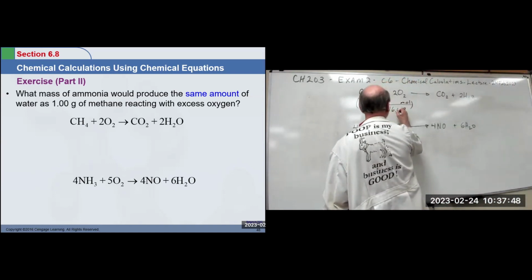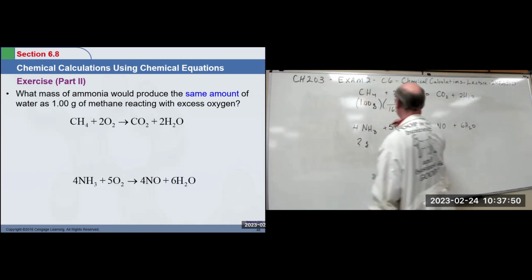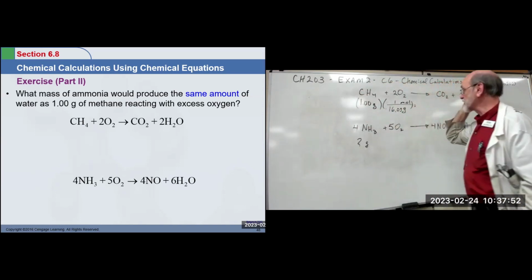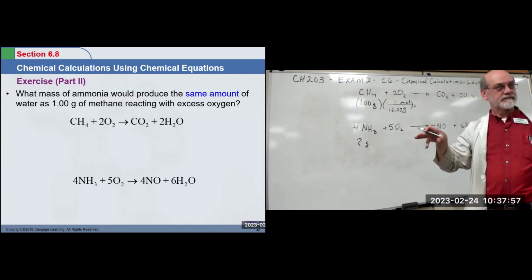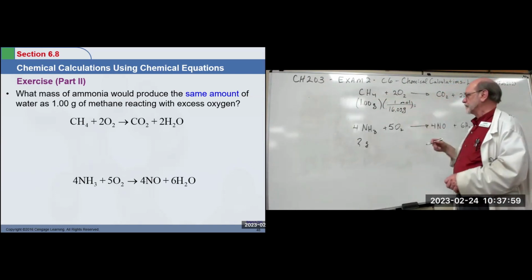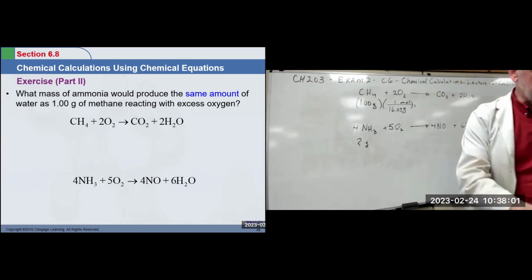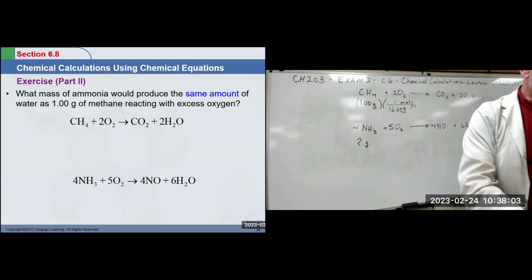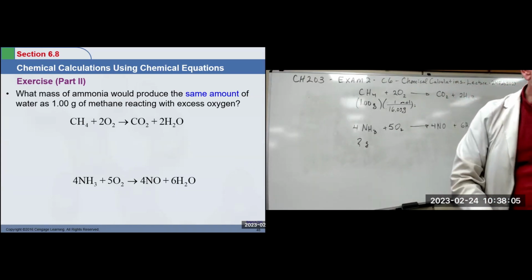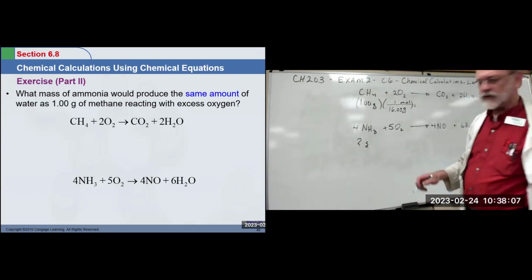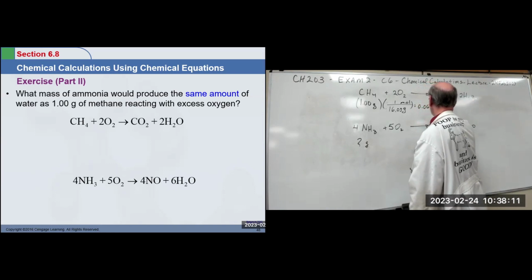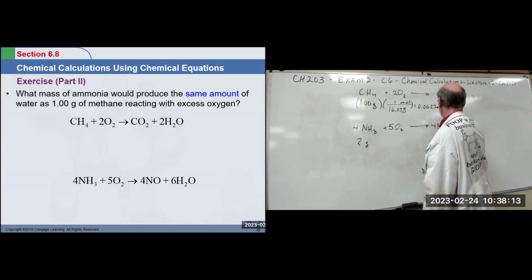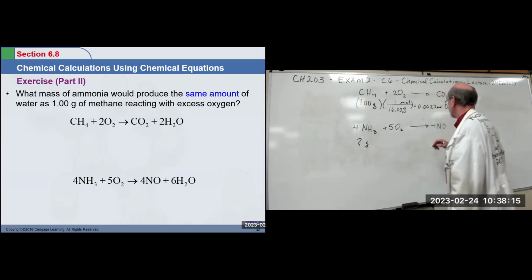That's the molar mass of methane, and that'll give us the number of moles of methane that we start with. All right, so I'm going to divide 16.05 into 1, and that's 0.0623 moles of methane. All right.